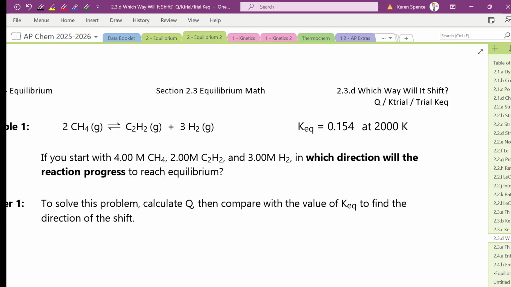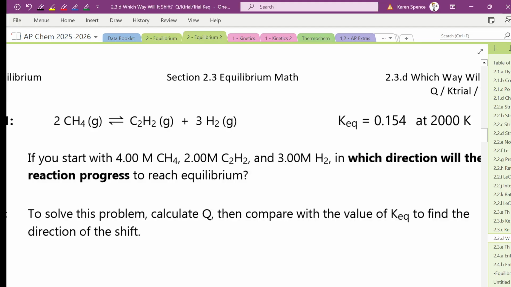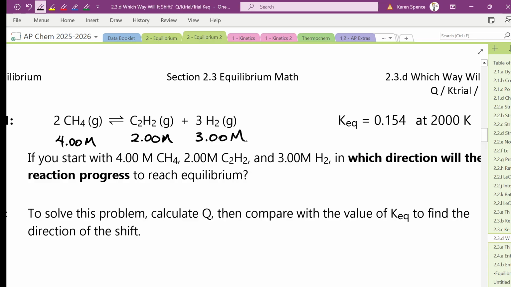Okay. So here we have a question. We start with 4 molar CH4. We start with 2 molar C2H2, and we start with 3 molar H2.